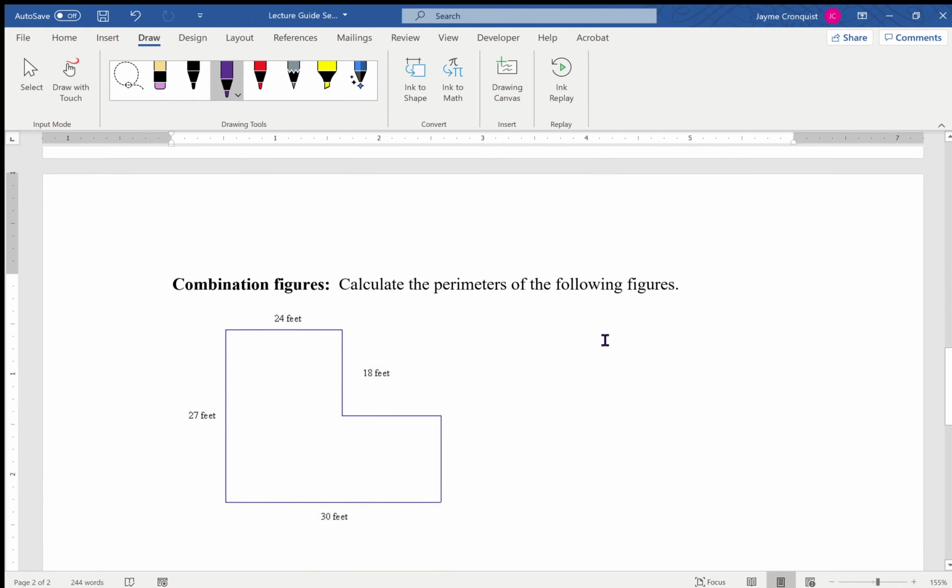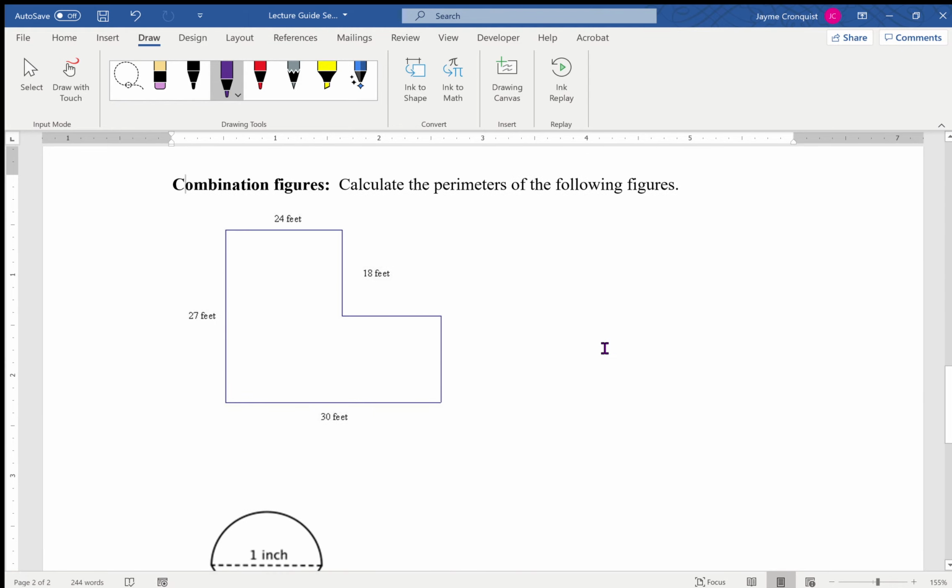All right, moving on. Combination figures. Okay, now there's a couple of ways we can do this. The perimeter, what you have to remember is that I've got 27 feet here, but if I add this 18 feet and whatever this is, it's going to equal 27 again.